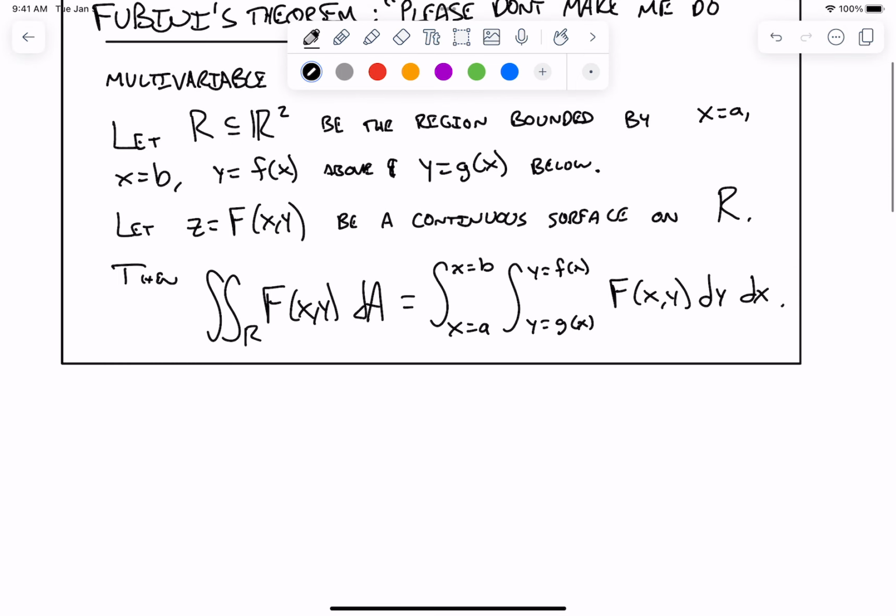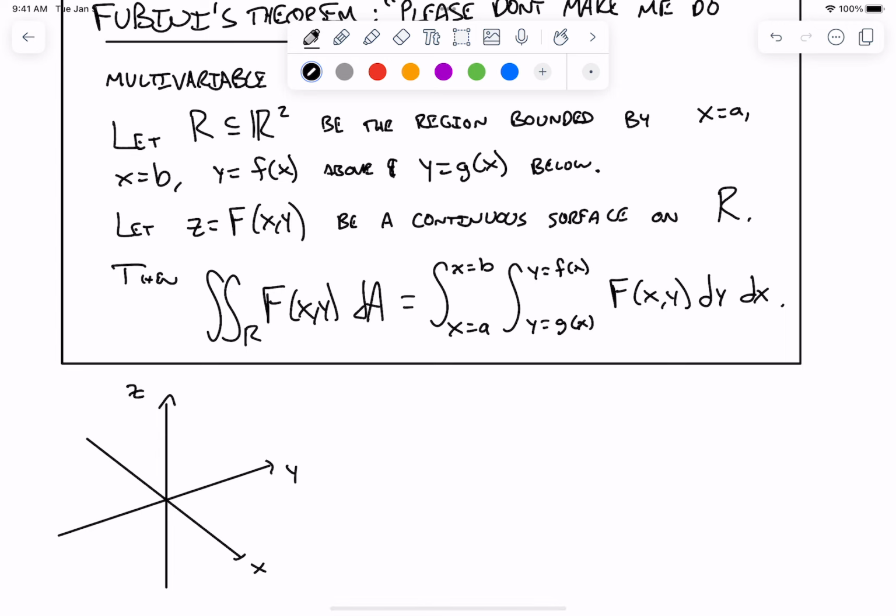So we have R, some region in the plane. So we have our good old XY plane, and I'm drawing it sort of flattened down because I want my z-axis as well. But R, capital R itself, just exists in the XY plane, and it's bounded by x equals a, some coordinate on the x-axis a, some coordinate b.